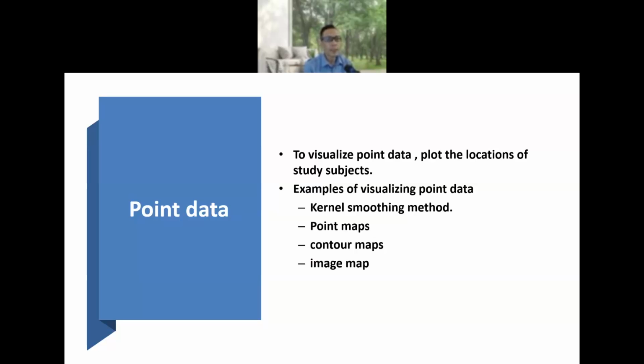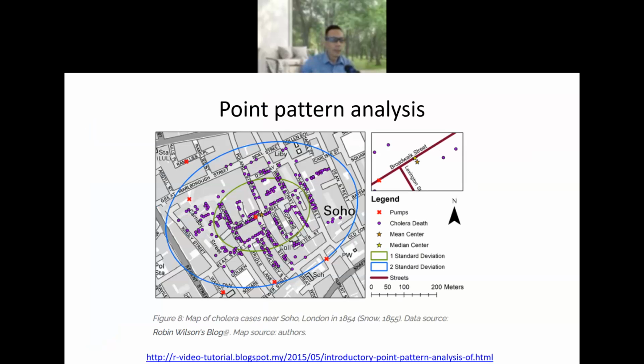So you can visualize the points, you can plot the locations, and then you can do kernel smoothing, you can generate point maps, contour maps, and image maps, right? You can also do, for example, buffer analysis for point data.